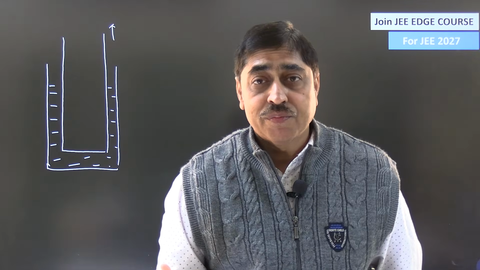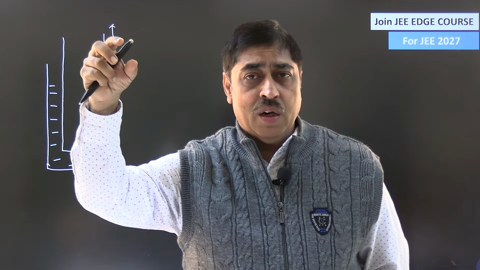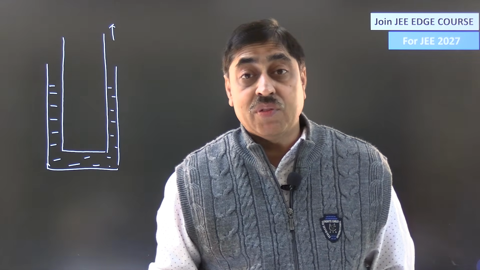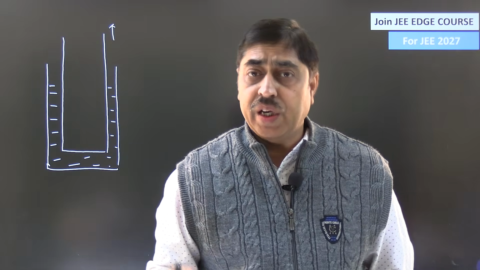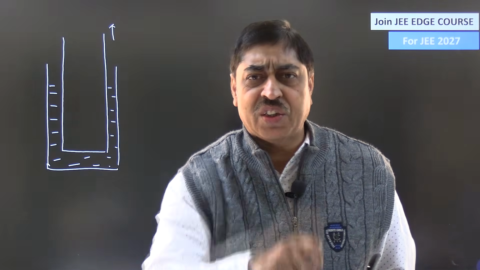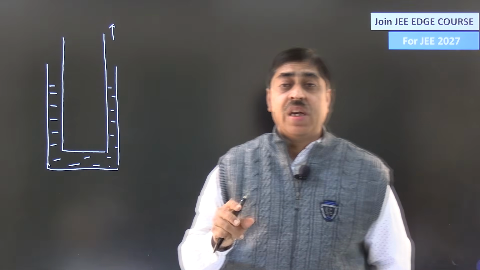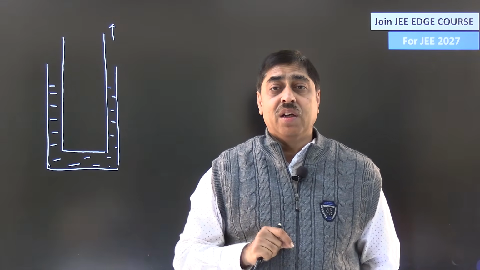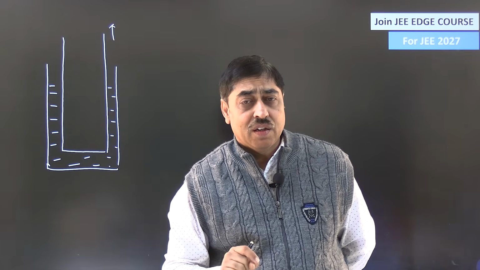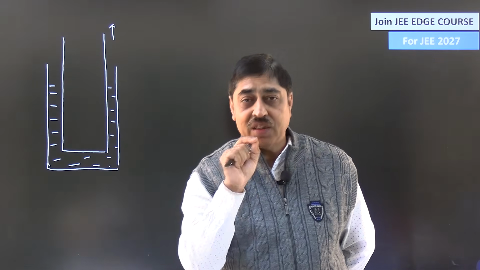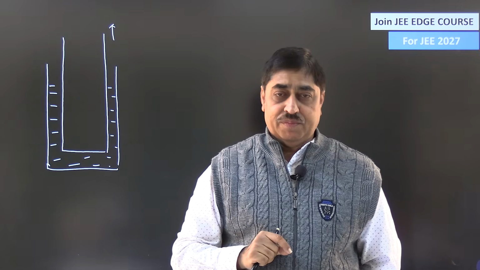Almost 0. When you release a ball, what is the speed immediately after the release? Almost 0, tending to 0. But what is its acceleration? It is not 0. So if a particle is at rest at a particular instant, it does not mean that its acceleration is also 0 at that instant.